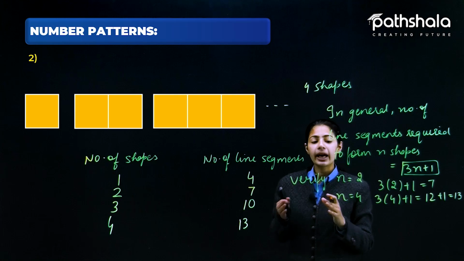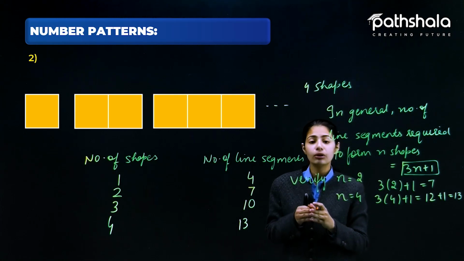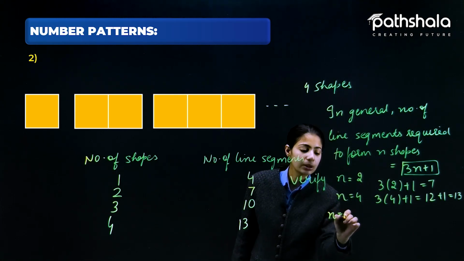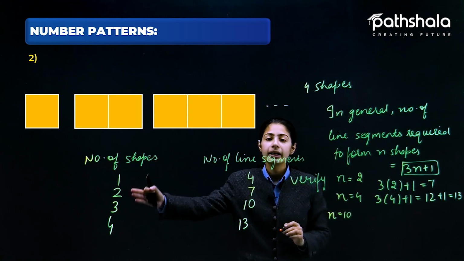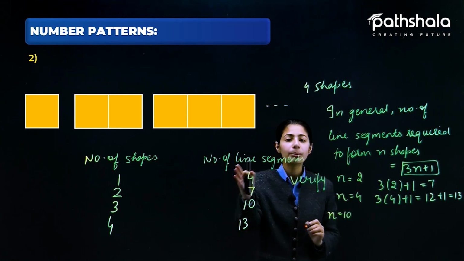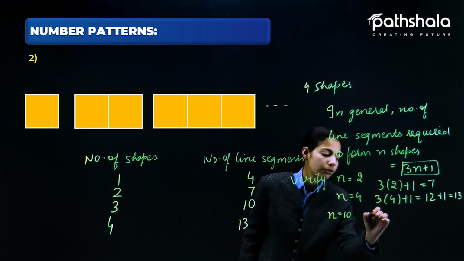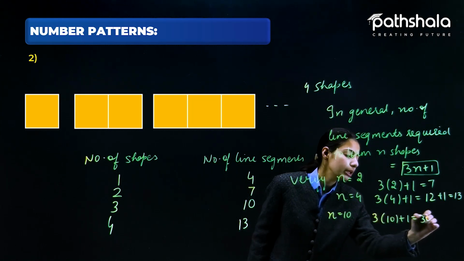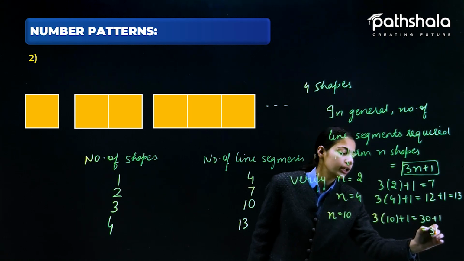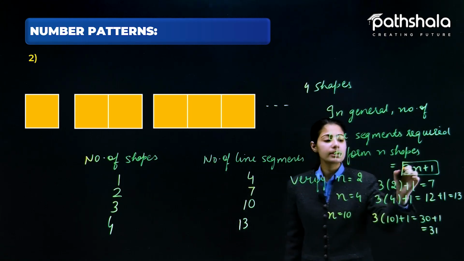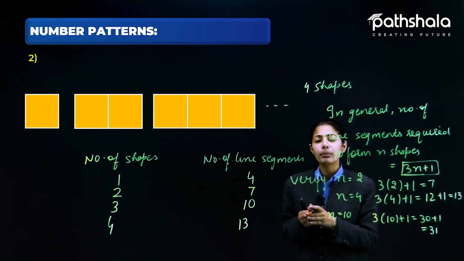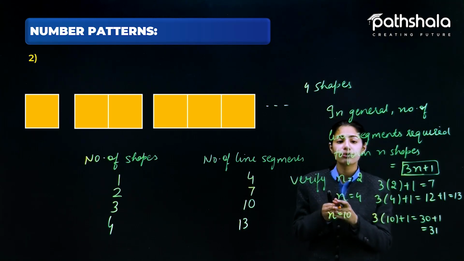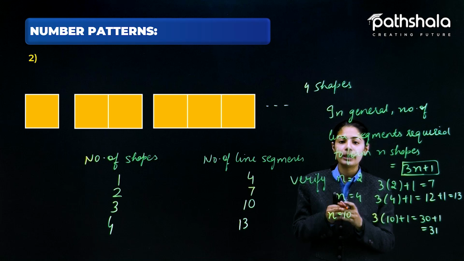Now, how many line segments do we need for n is equal to 10? If there are 10 shapes, so how many line segments do we need? For n is equal to 10, this is 30 plus 1, which is equal to 31. So in general, this is the formula: the number of line segments required to form n shapes is 3n plus 1.